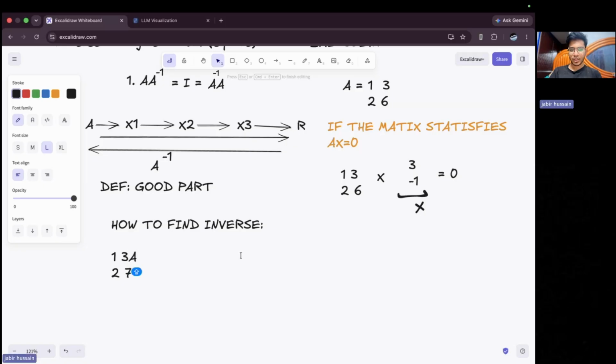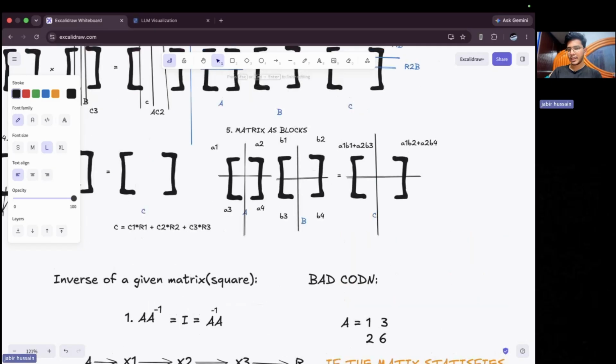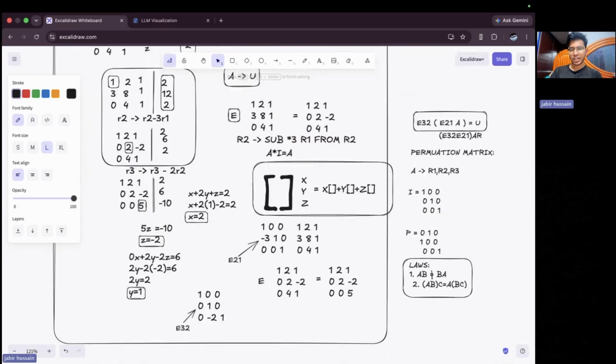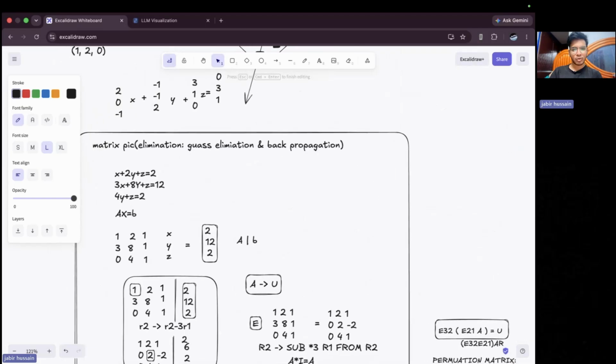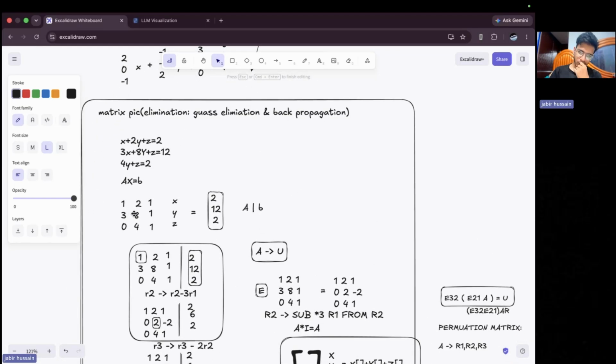I know that A inverse multiplied by A will give me I. What did I study till now? To find unknowns, let's say this is an X matrix that I don't know, I take the augmentation.